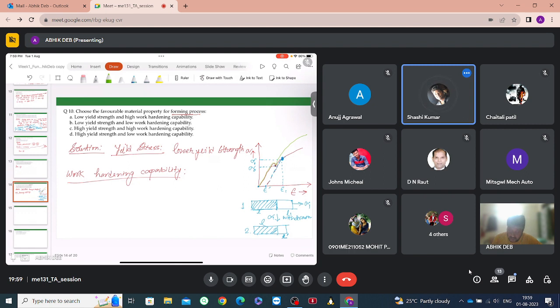The green curve. Yes, the green one. As the work hardening capability increases, for the same deformation, suppose we need to elongate to this point, for which one will more stress be required for deforming to this level?